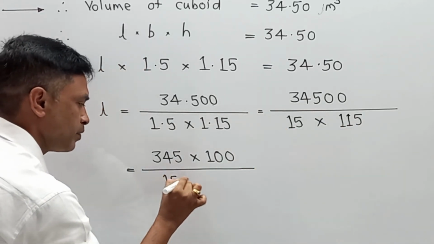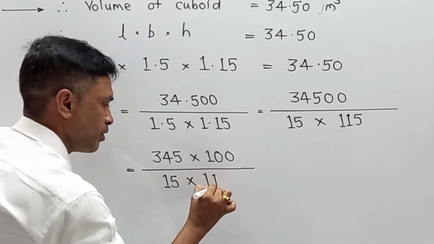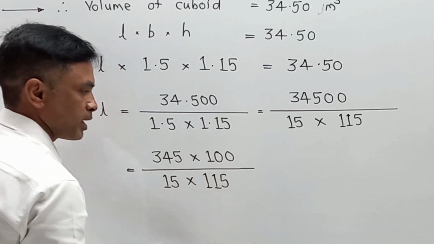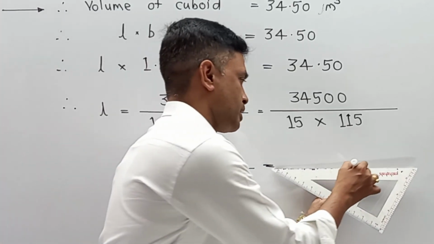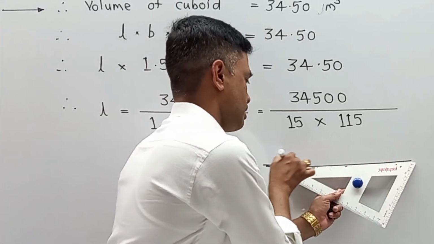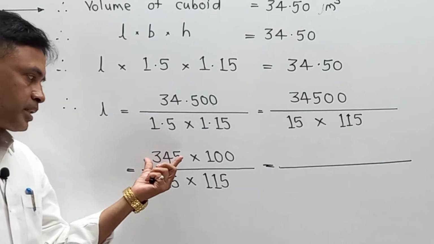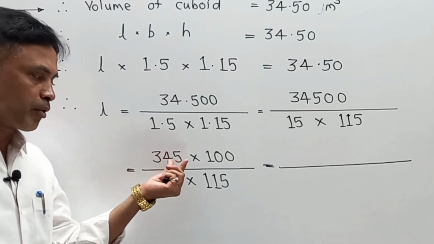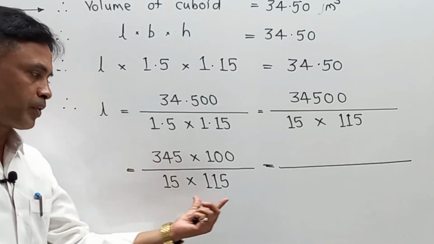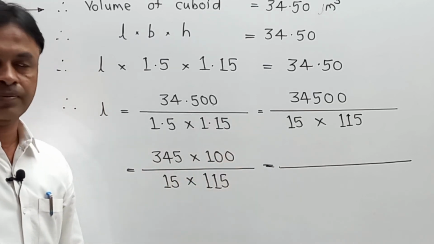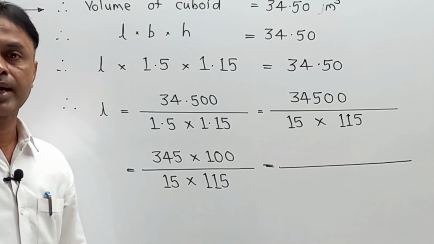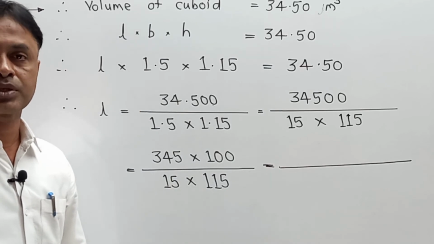Next, dissolve these numbers as much as you can. 345 is a multiple of 5, 15 is also a multiple of 5, 115 is a multiple of 5, and definitely 100 is a multiple of 5. Split these numbers as much as you can so that you can reach a simplification.